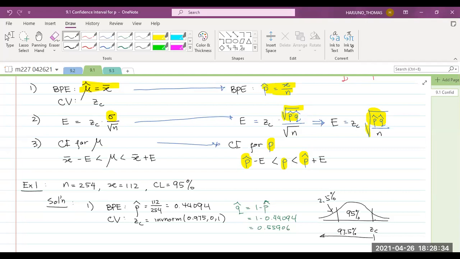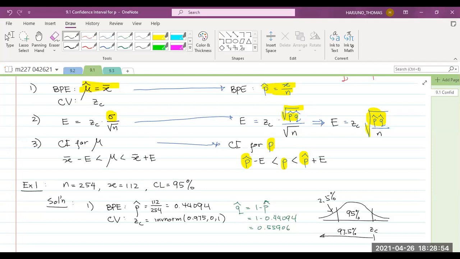Suppose in example 1, we have sample size 254, and among those 254 people, 112 of them have a certain characteristic. Let's say 112 of them are college students.